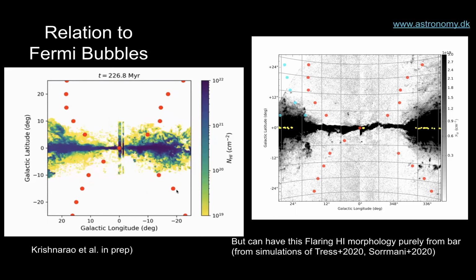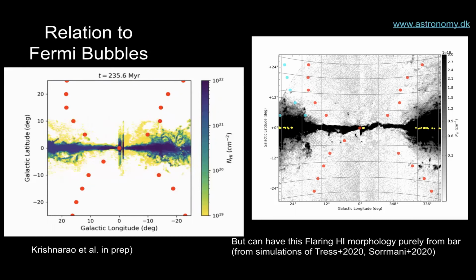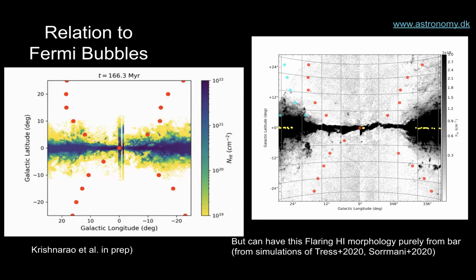So it's really important to try and understand how much the Fermi bubbles are contributing towards this compression of the gas layer versus how much the bars are doing. And it looks like there's a combination of the two happening.